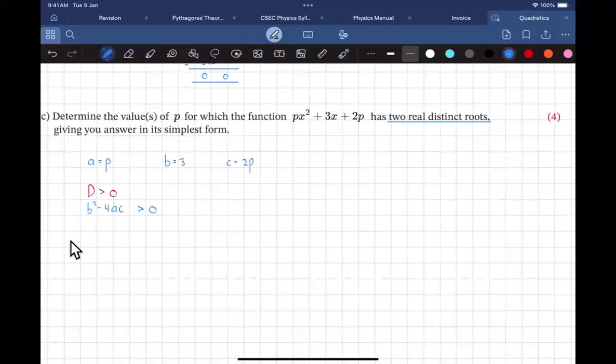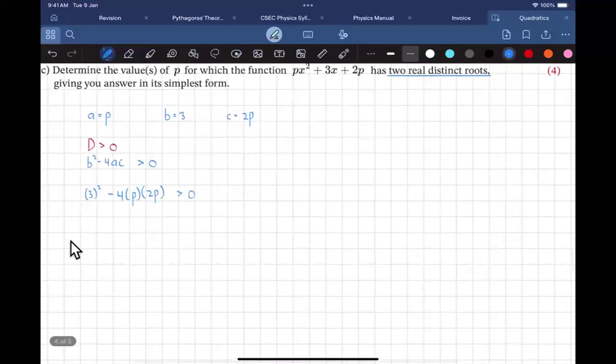Cool. Now we're going to plug in. What is b? b is 3, so I'm going to write 3 squared, minus 4, a is p, and c is 2p, more than 0. So it's 3 squared, 9.